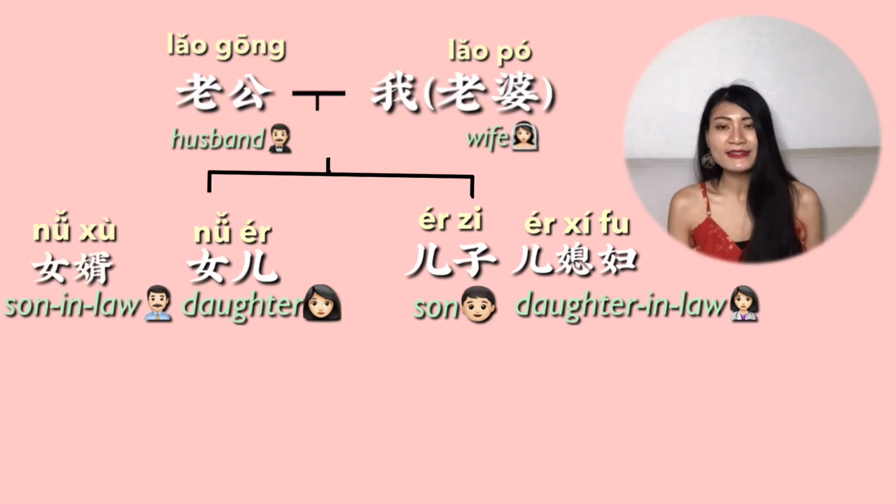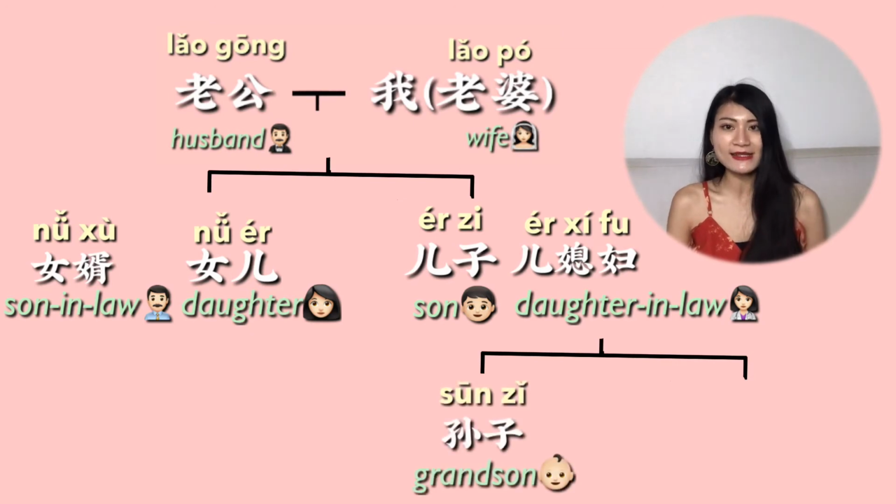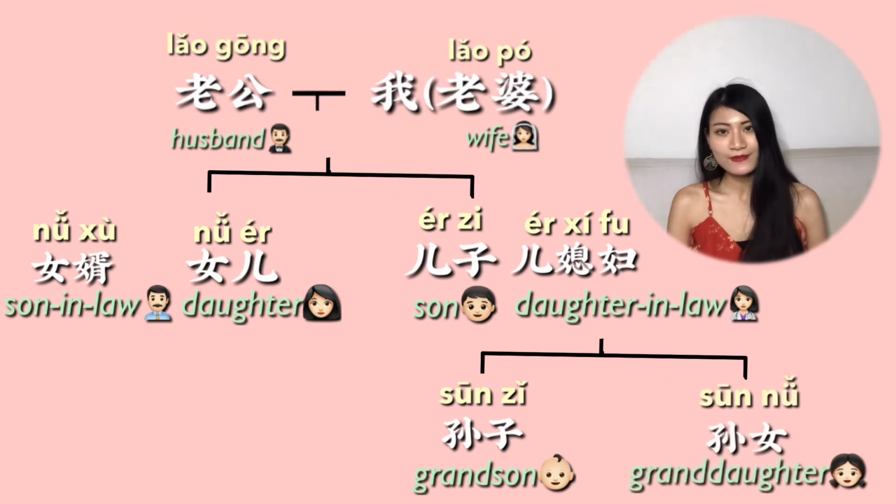If my son has a baby, I will call my grandchildren 孙子, grandson, and 孙女, granddaughter, from my son.